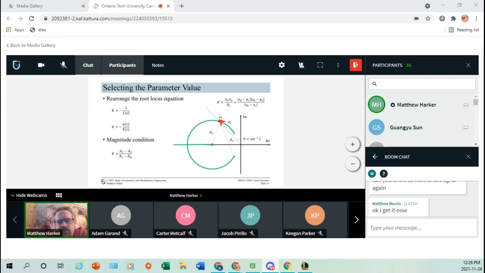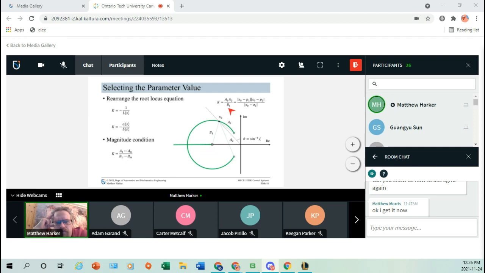We have a magnitude between this point and the zero, and then we have the two poles here, the magnitude and the magnitude. We basically then say K has to be equal to A1 times A2 over B1. So again, looking at that magnitude and phase relation.